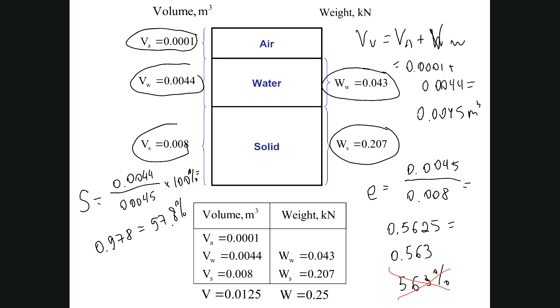So if you see a very high level of saturation, it means that the soil may not be a good foundation. We just need to drain water from the soil, dry it up somehow to make it stable, a better foundation than when it's wet. So degree of saturation gives you this idea. Okay, so I think we looked at the major characteristics of the soil. Let me see what is left.